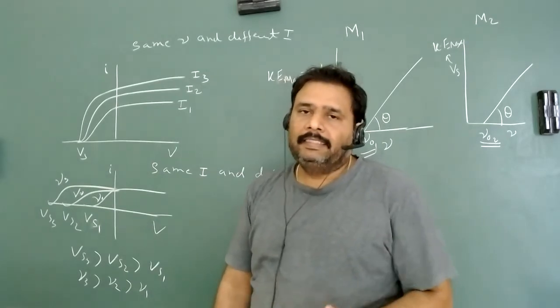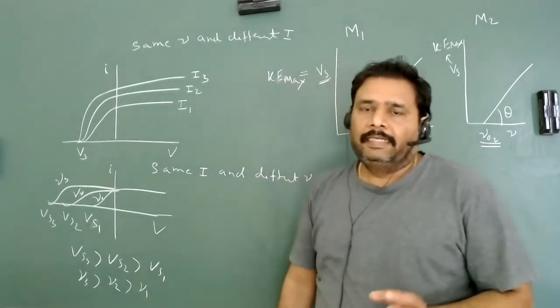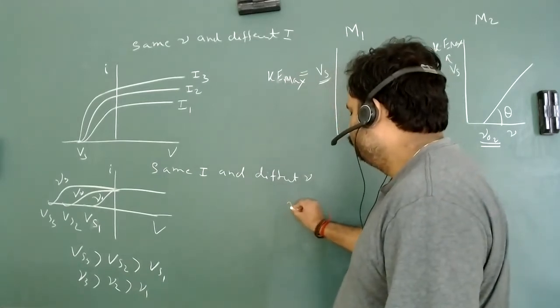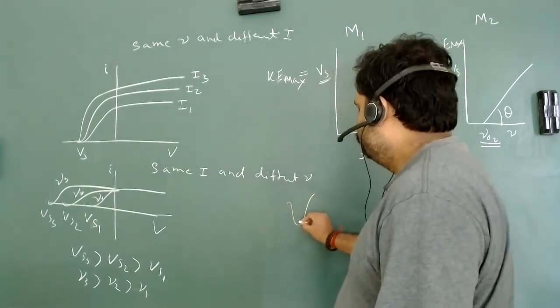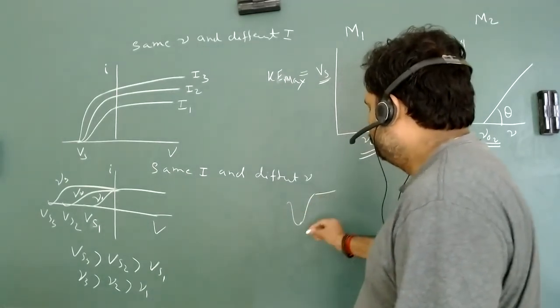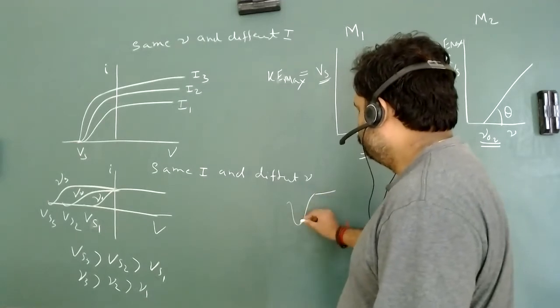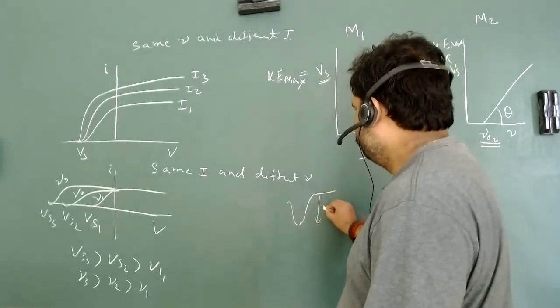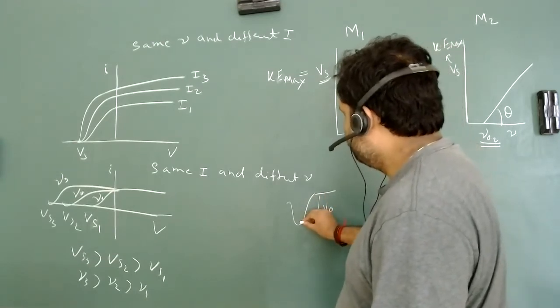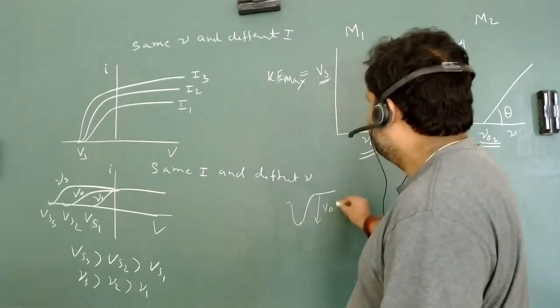Einstein said that in this metal, the electron is bound in some kind of valley. This electron will come out, and let's say this is the minimum potential. So this electron will come out when it gets the minimum potential V naught.